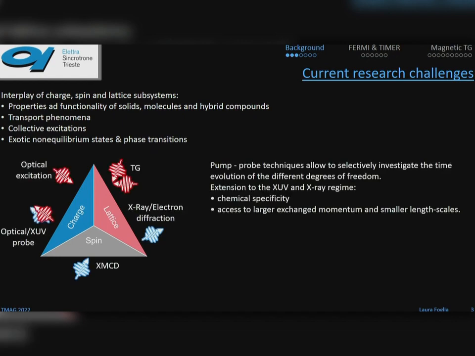And, well, pump-probe techniques are the techniques that allow us to selectively investigate the time evolution of these 3 degrees of freedom and how they compete with each other. And extending these techniques to the XUV gives us the possibility of having chemical specificity and also to access a larger momentum space, as Alessandra was saying this morning, or in real space, a smaller length scale.